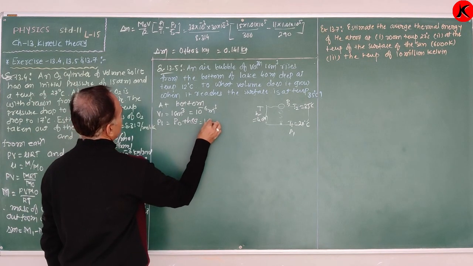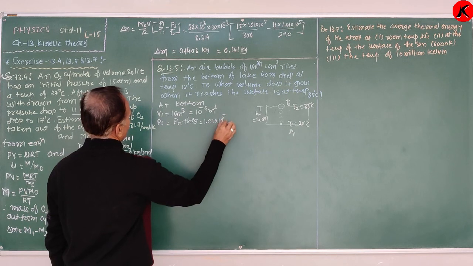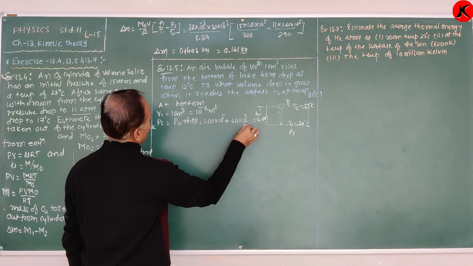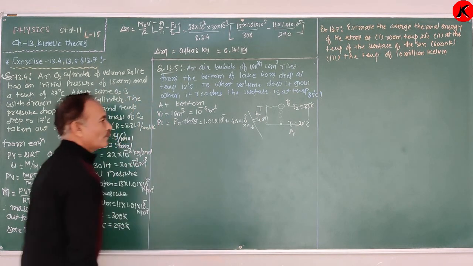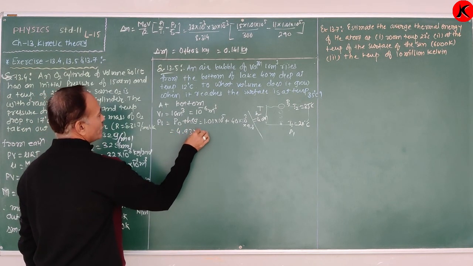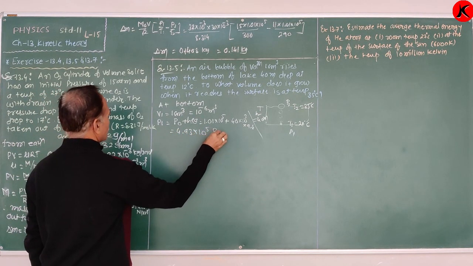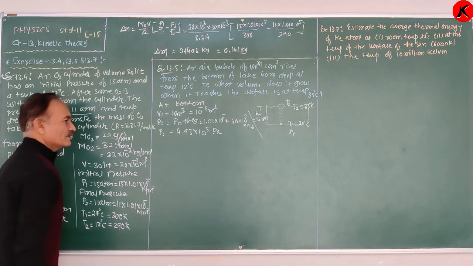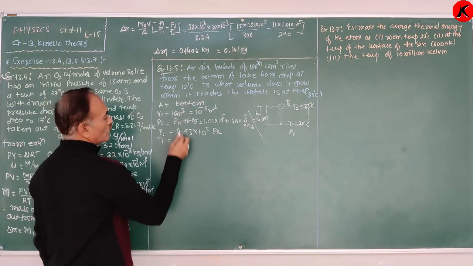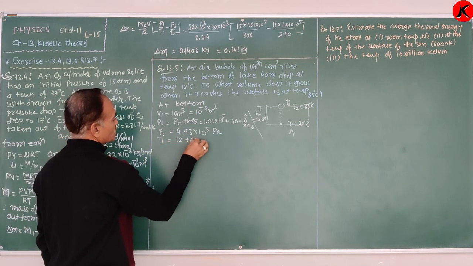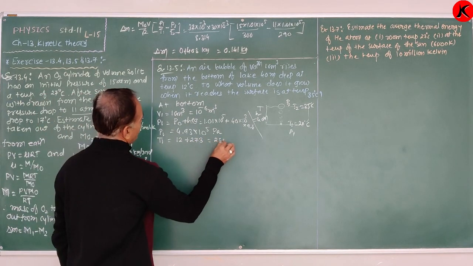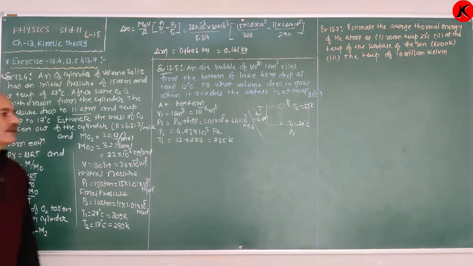Therefore, 1.01 into 10 to the 5 plus 40 into 10 to the 3 into 9.8, so it is equal to 4.93 into 10 to the 5 Pascal. That is the initial pressure P1. Initial temperature T1 is 12 degrees centigrade plus 273, so 285 Kelvin.